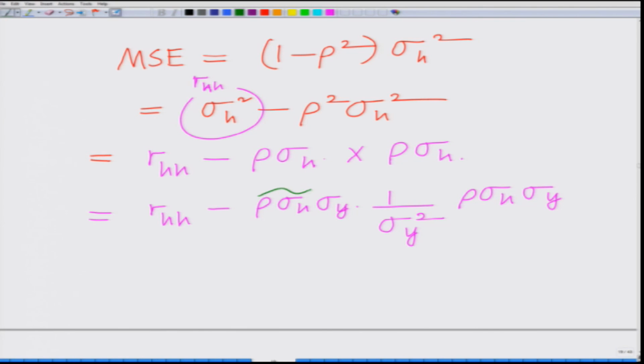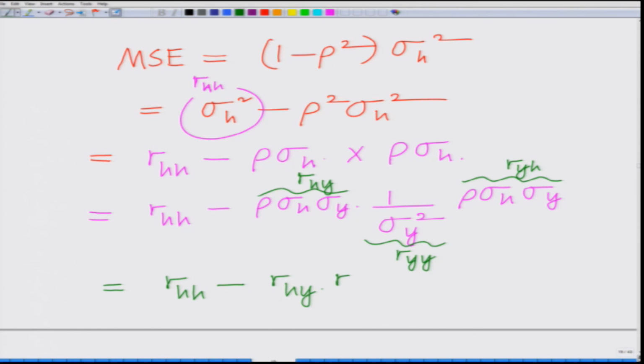Now, you can see this quantity is r h y, this quantity here is r y y, and this quantity here I can write as r y h, because for the scalar scenario r h y equals r y h, which might not be the same for the vector scenario. In fact, r h y is r y h transpose for real vectors. So, this is r h y into r y y inverse into r y h, and this is your convenient expression for the MSE.